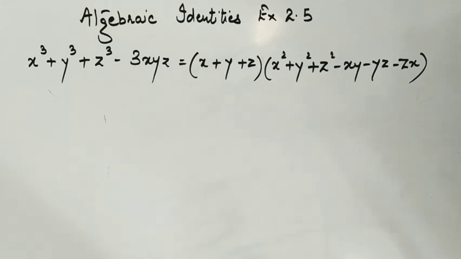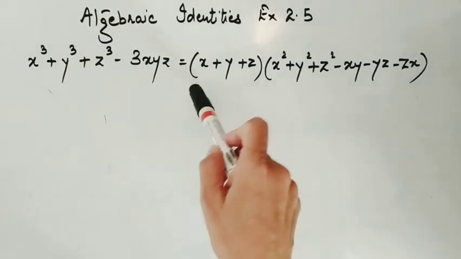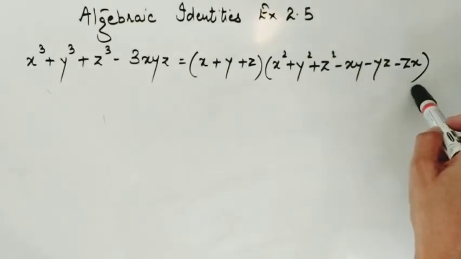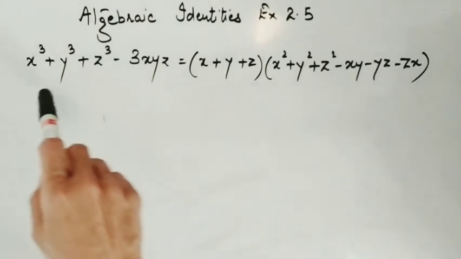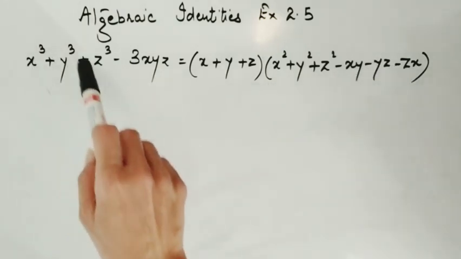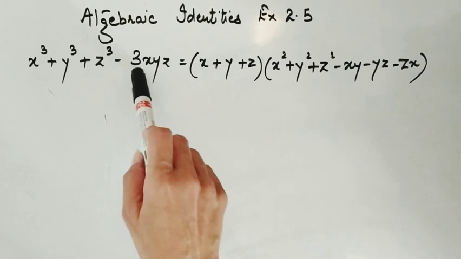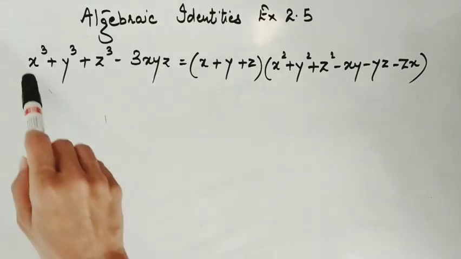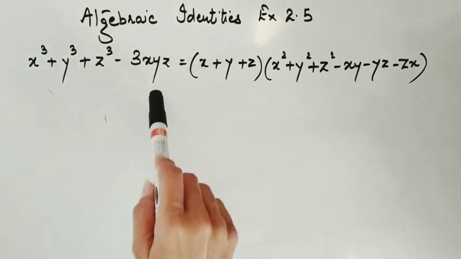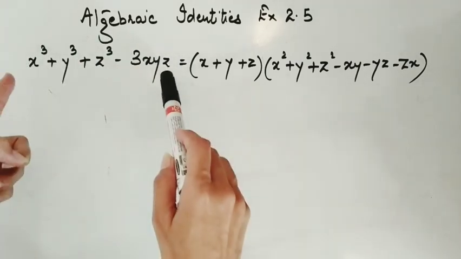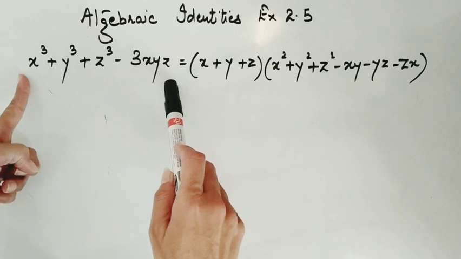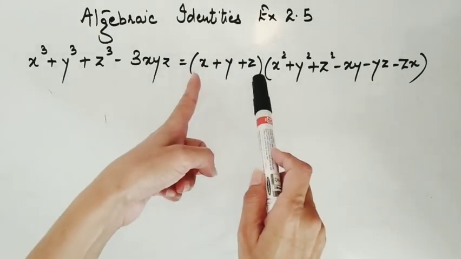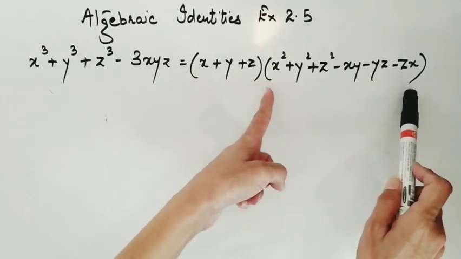This is obtained by product of this trinomial with this polynomial, and it becomes x cube plus y cube plus z cube minus 3 times xyz. Most of the times you would be given this expansion and the question would be factorize this. So factorization would be product of trinomial and this multinomial.